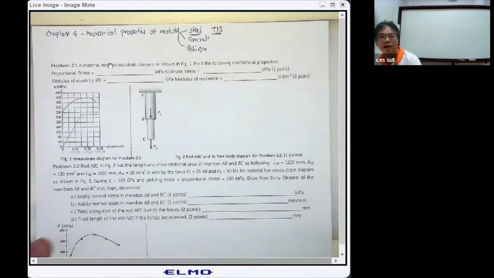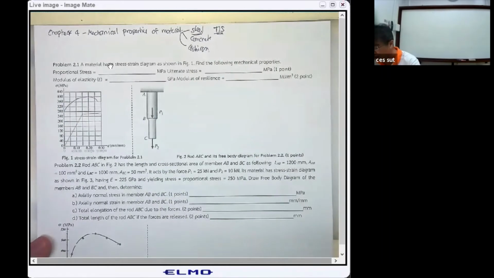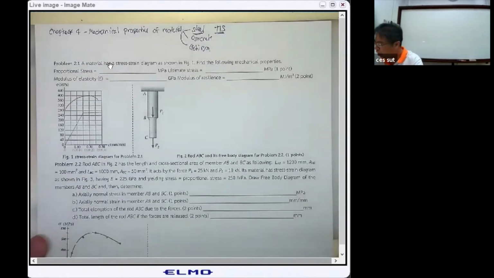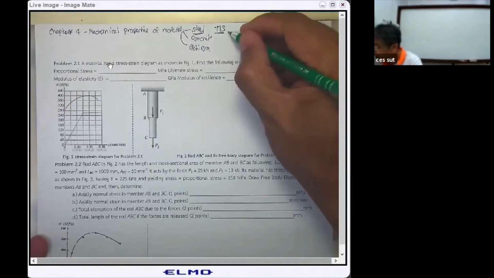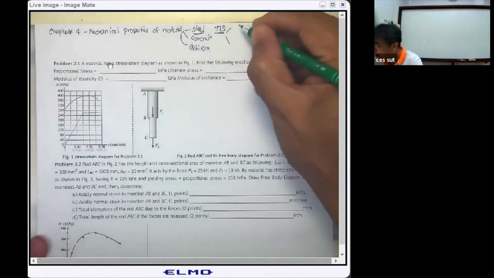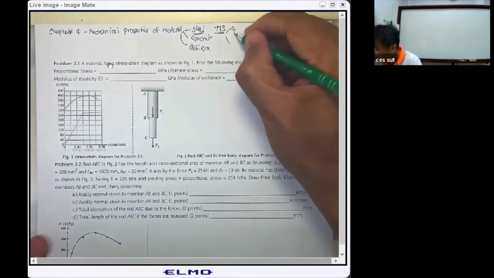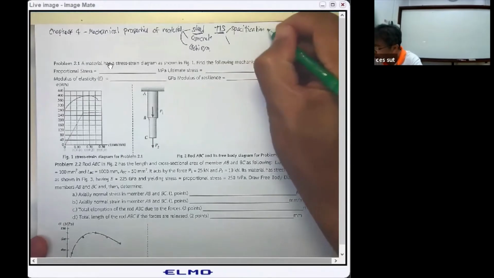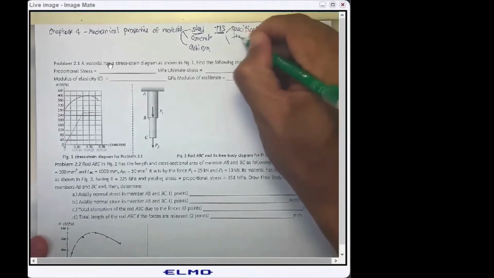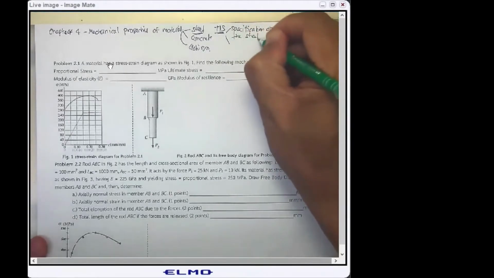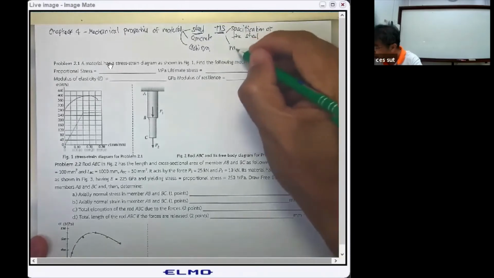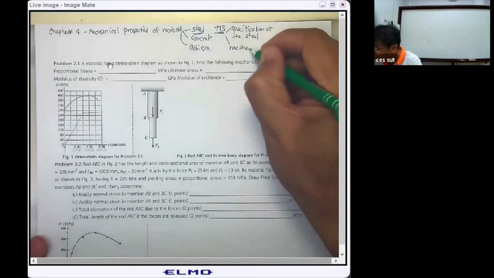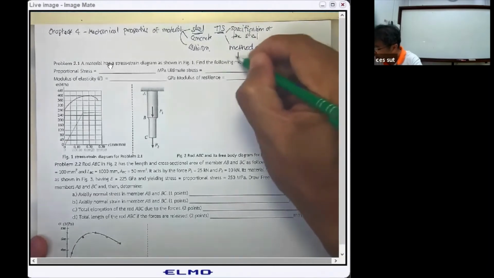If you are in Cambodia, you may have the Cambodian industrial standard. When we're talking about this kind of Thai industrial standard, there are two things. One, we're talking about the specification of the steel, and also we're talking about the method of testing.